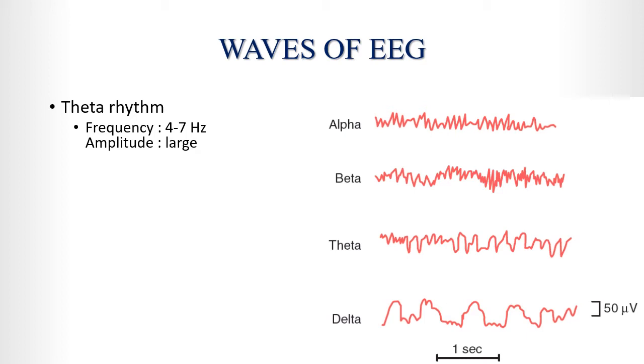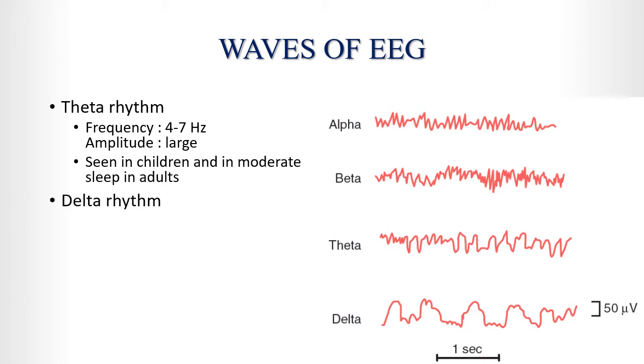It may be as low as 5 or 10 microvolt and as large as 100 microvolt, but mostly amplitude is large. Seen mainly in children, but in adults it is seen in moderate sleep as well.